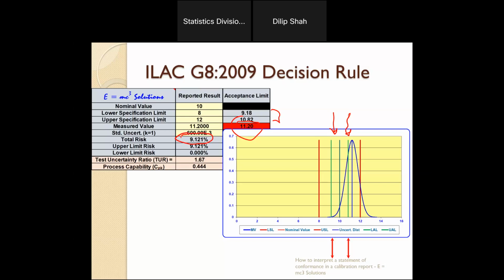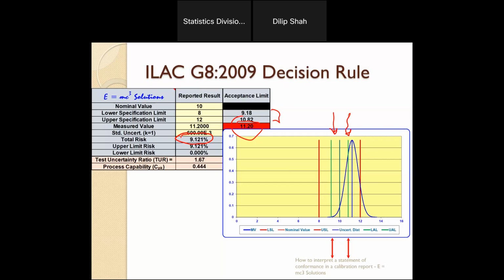So the conformance decisions will be made on the decision rule, and the decision rule will take into account the measurement uncertainty of the measurement process.